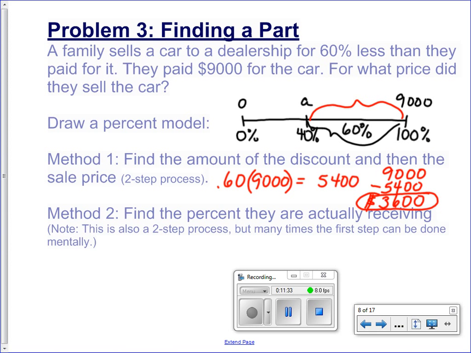So what you think is, okay, 60% less is what they're going to receive for it, so they're actually receiving 40%. So we're doing that part in our heads. Then we take 40% times the 9,000, the original price of the car, and we arrive immediately at our answer of $3,600.